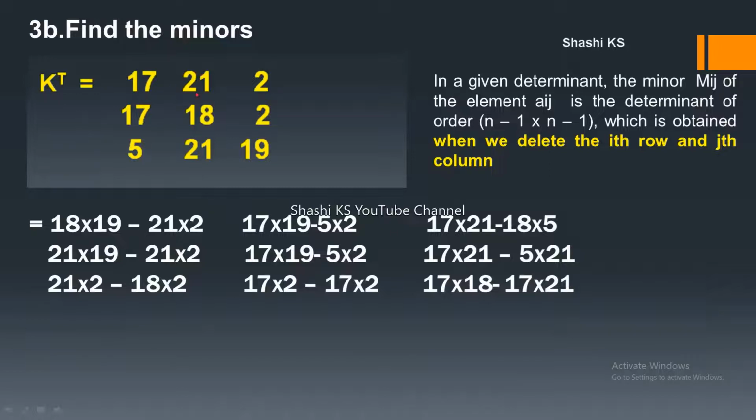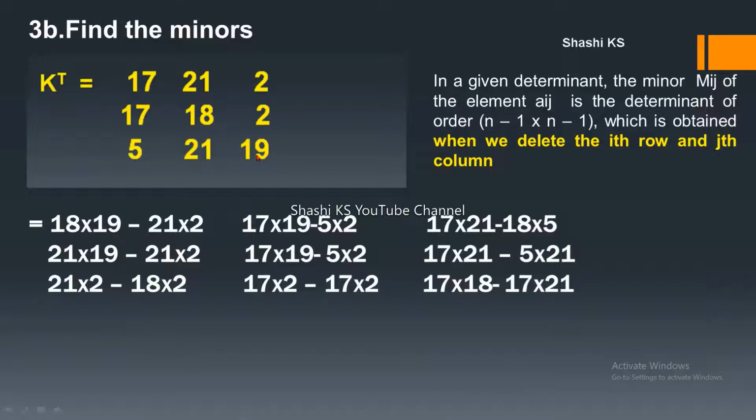In the same way for the element 21, hide the row and the column in which 21 is present. The corresponding row is the first row and the column is the second column. When you hide that, the remaining elements you get are 17, 2, 5 and 19.